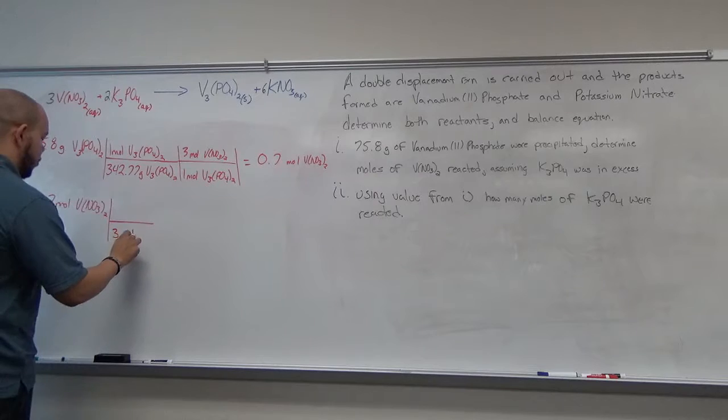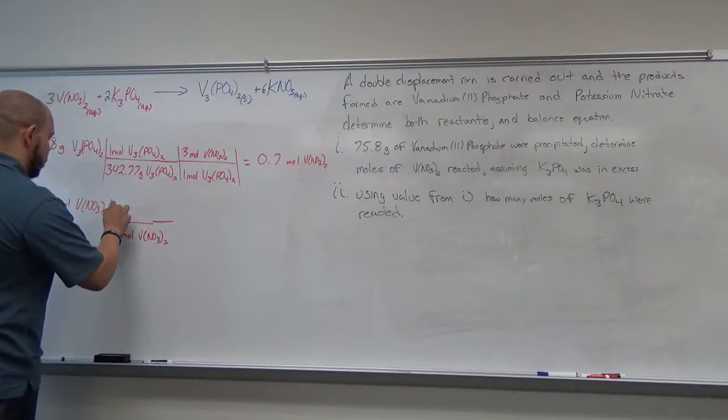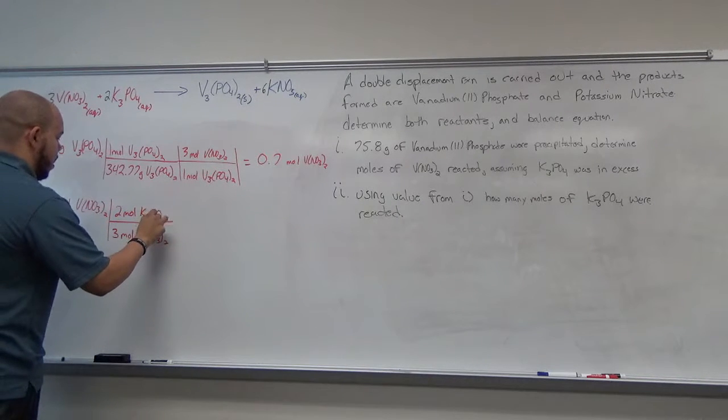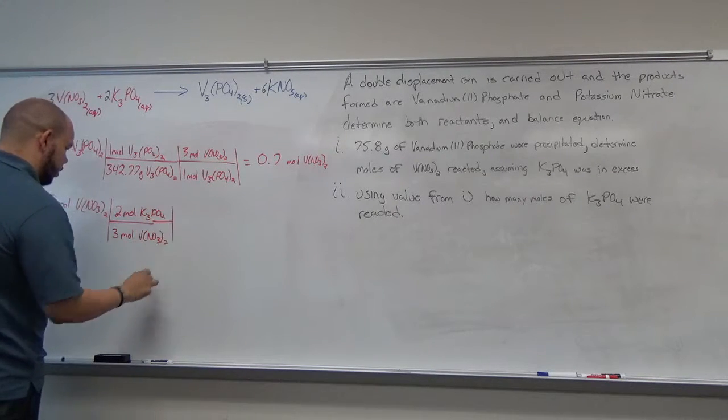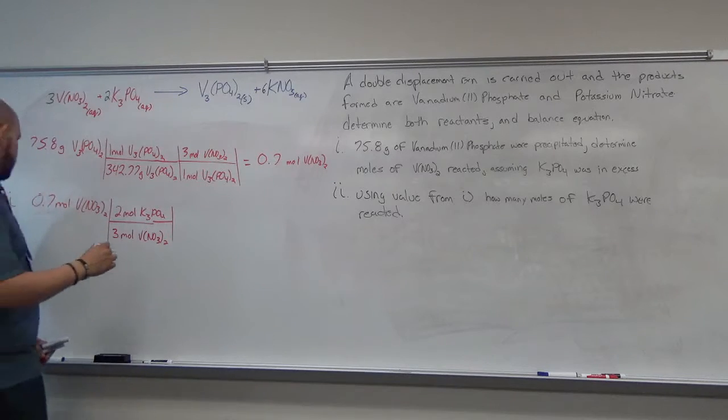We have the mole-to-mole ratio as told to us by the balanced chemical equation. And it should be less. 1.4 divided by 3, about 0.47. Yeah, sorry, 0.47.